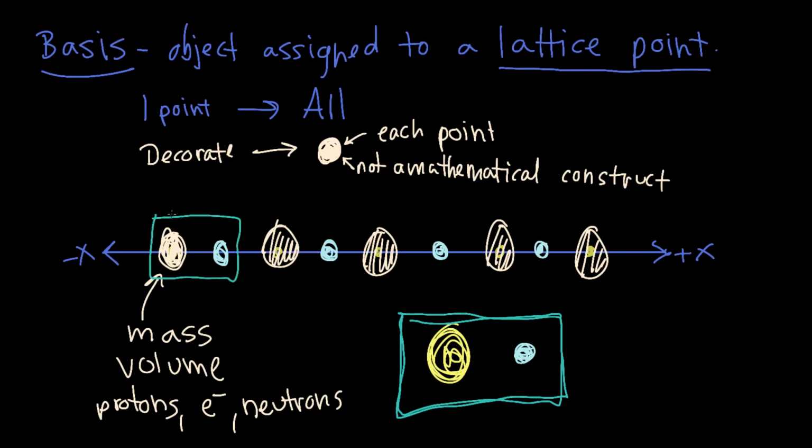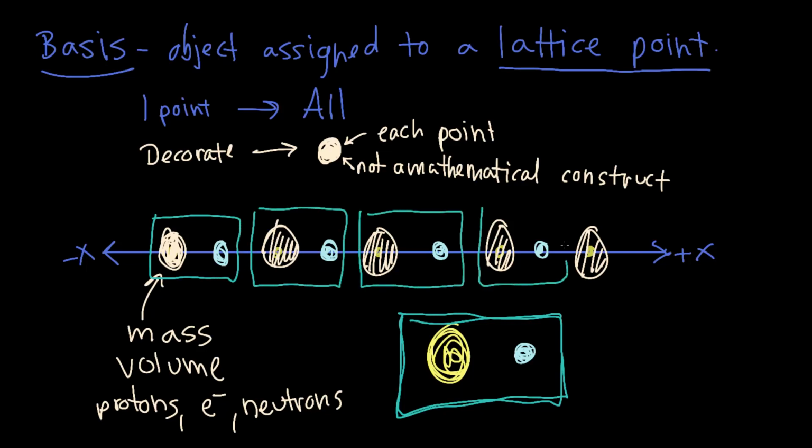So you can see that. And this goes off to infinity in each direction. Now we're really getting somewhere. We aren't just purely in math world. We have some real objects.